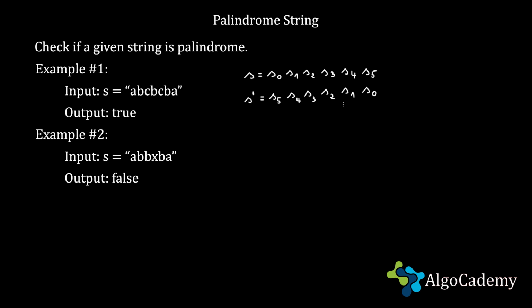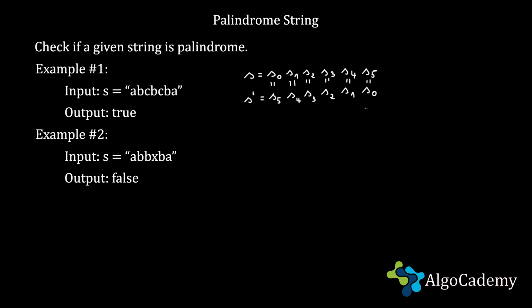Then, in order to check if those strings are equal, what we basically do is check if S0 equals S5, S1 equals S4, S2 equals S3, S3 equals S2, S4 equals S1, and check if S5 equals S0. And all of these have to be satisfied in order for our string to be a palindrome.